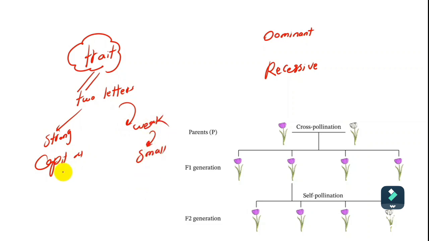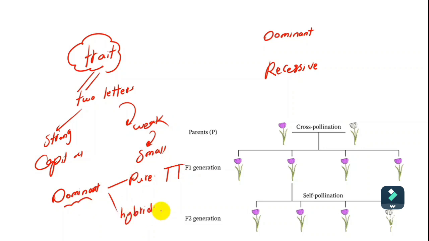For example, if we have a trait which is dominant, the dominant trait has two possibilities. It may be dominant pure or dominant hybrid. So what is the difference between them? The dominant pure will be capital, like T capital, T capital.